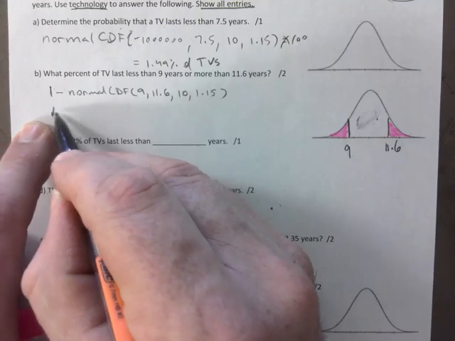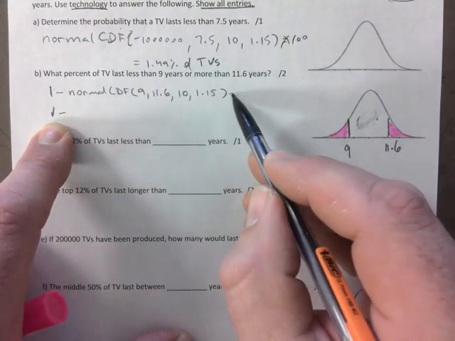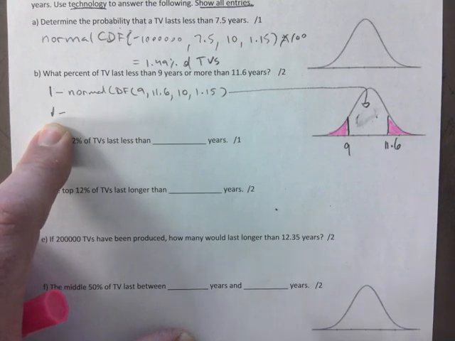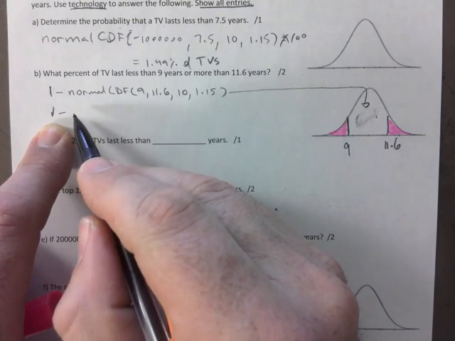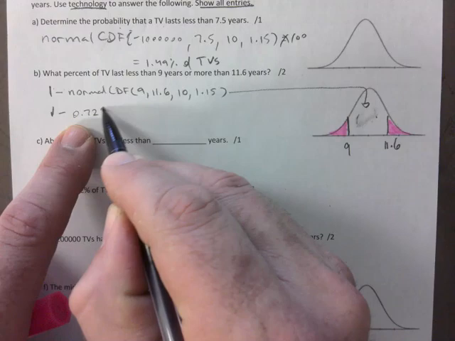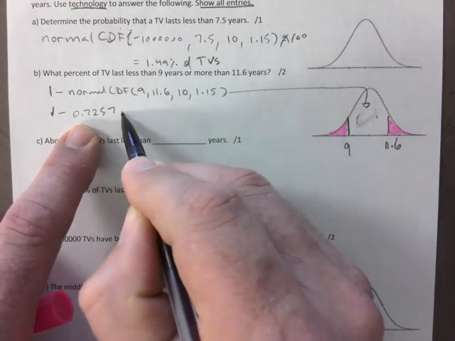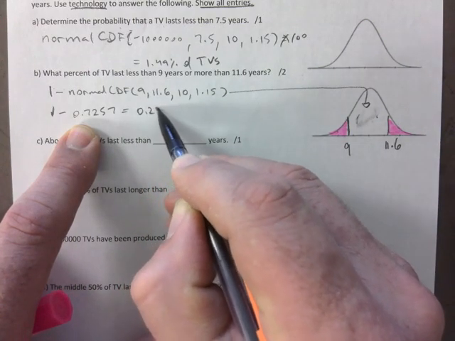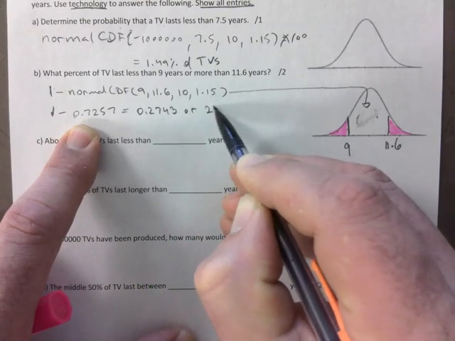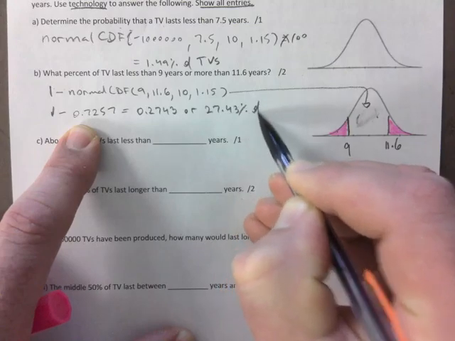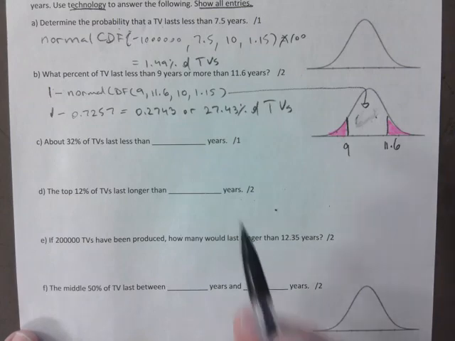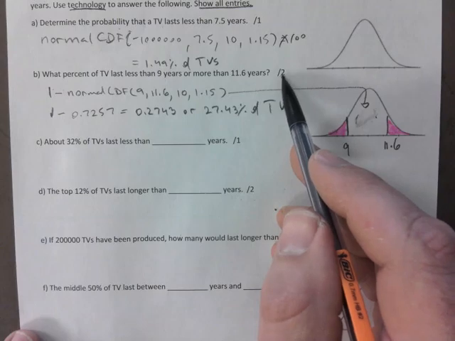So if I go 1 minus this, right? This part right here gives me the, not necessarily the middle, but the in-between. So when I do that, I go 1 minus 0.7257. Like this is what I get out of normal CDF there. So if you want the tails here, that is 0.2743 or 27.43% of TVs.